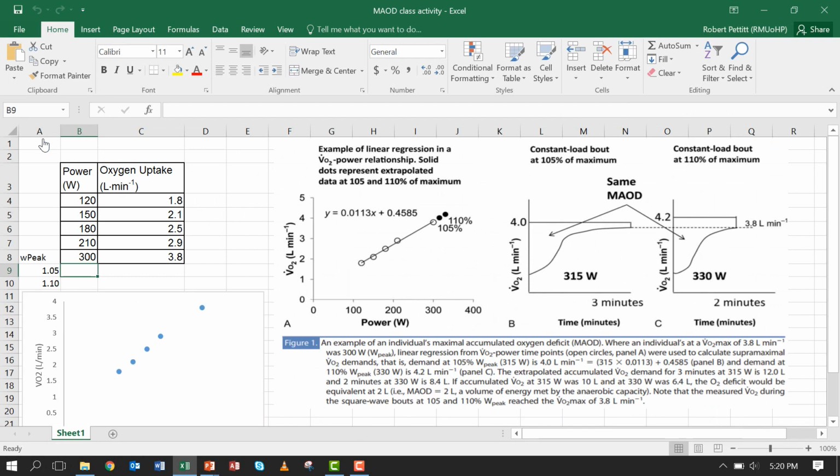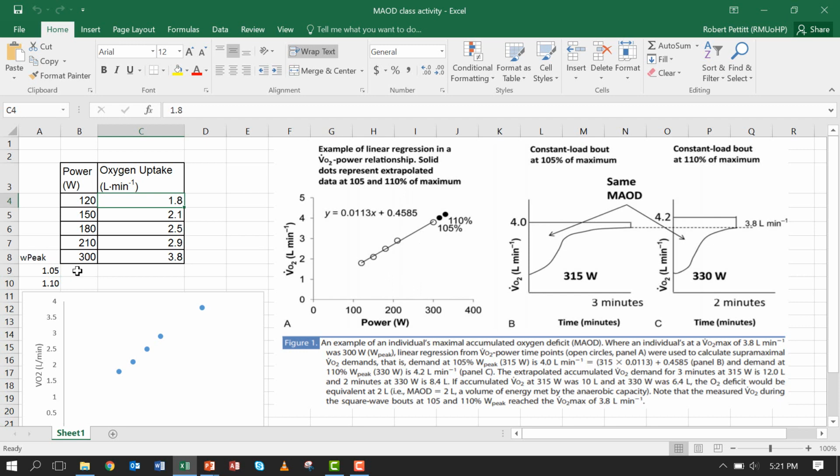And I do this to show you how simple this is to do. I've got these powers, already recorded, and I've got the corresponding oxygen responses, or oxygen uptake, that's associated with each of those. So I've got 1.8, 2.1, 2.5, 2.9, and then 3.8, and that's where they tapped out in their max test.